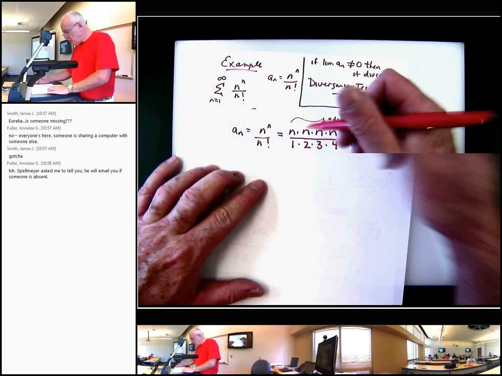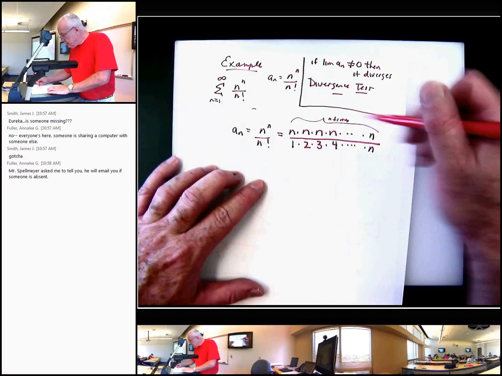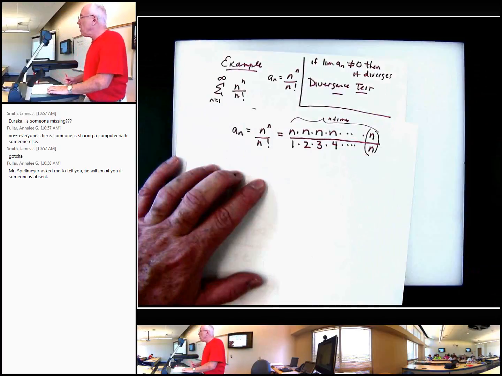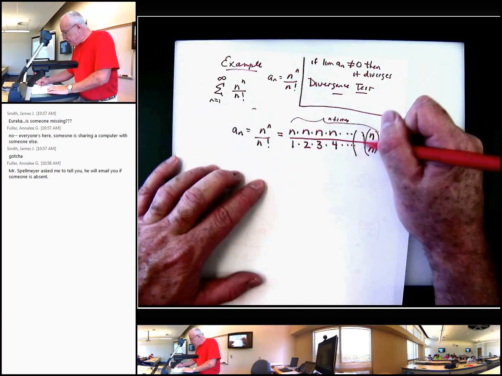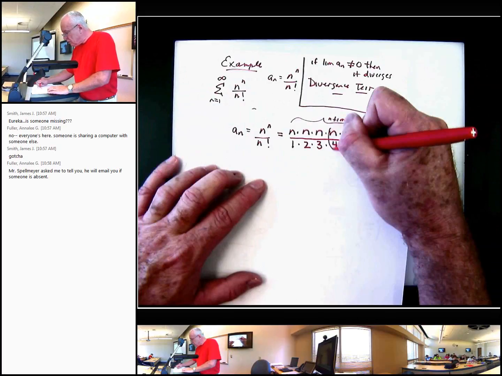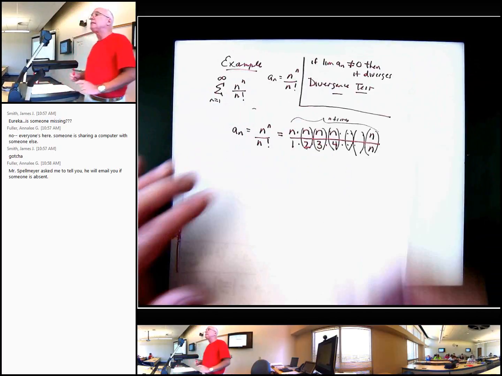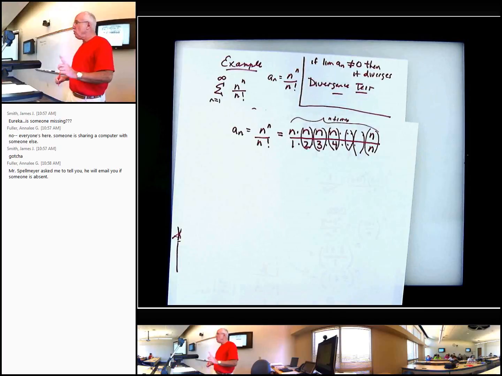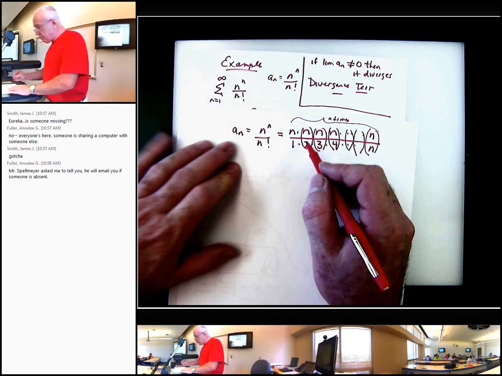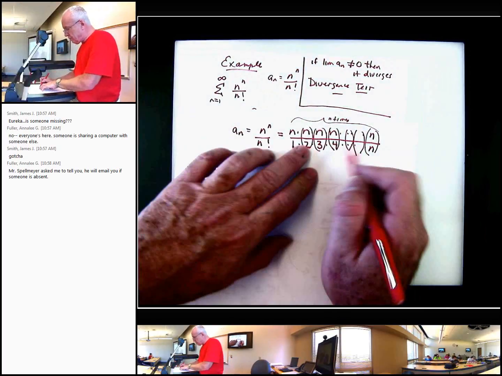Now, this number right here is equal to 1. All of these other numbers here, when we just look at the top over the bottom, are going to be less than 1. All right? I'm sorry, they're going to be greater than 1.